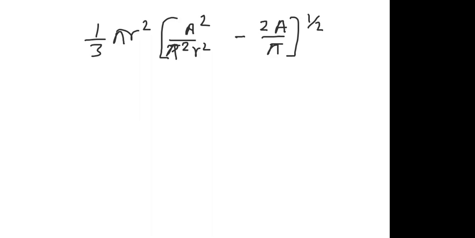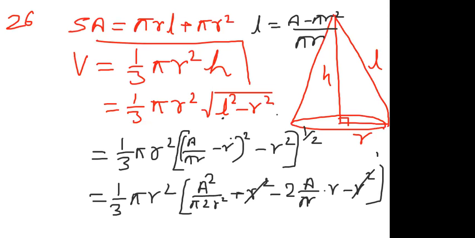In the previous slide we can see this R to this R will cancel. 2a upon pi I have written, pi square r square it is.